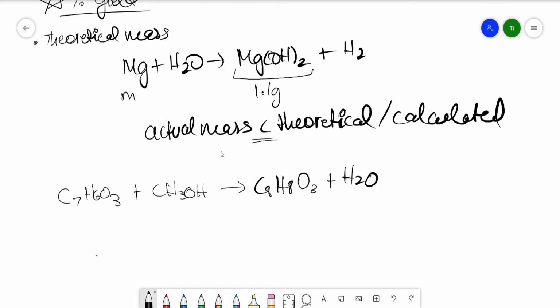I think this is an esterification and condensation reaction, which will be covered later in your AS organic chemistry. And what you're given is that the actual mass of this compound obtained is 31 grams. Now calculate the percentage yield.